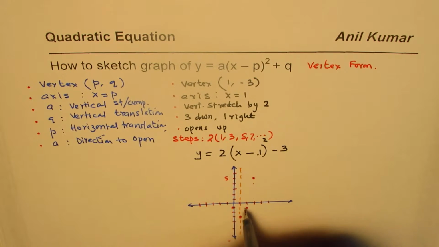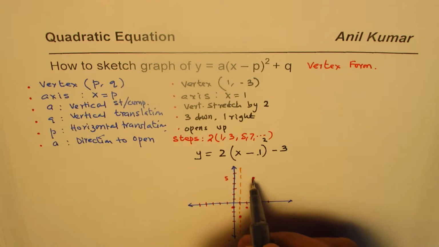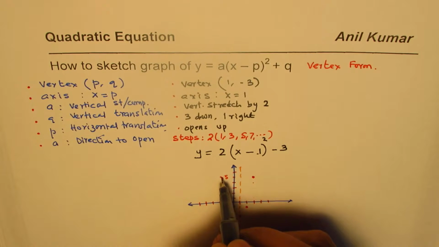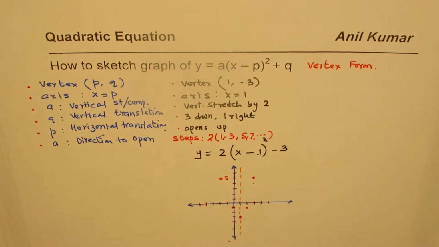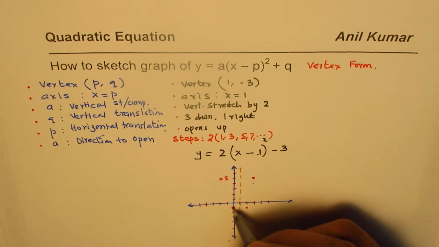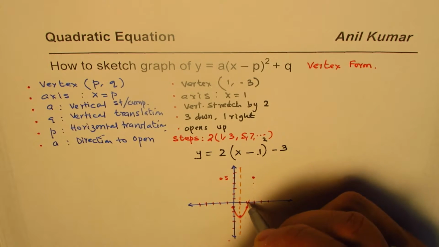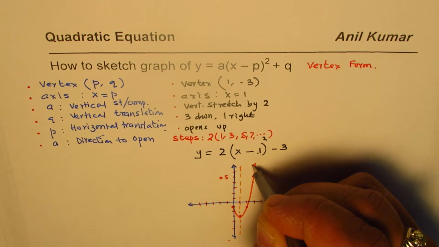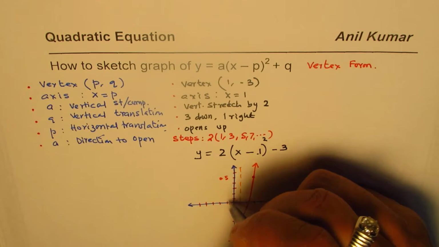Joining these points, we get our parabola. Always when you join, make sure it is not pointed, so we make it rounded like this. Do you see that? That becomes the graph for us.